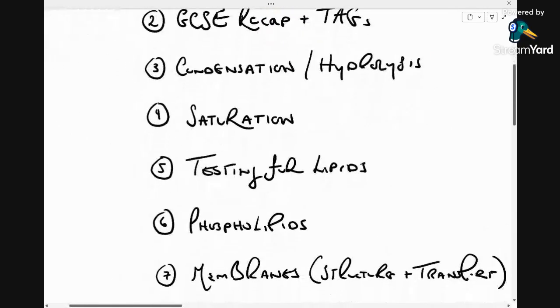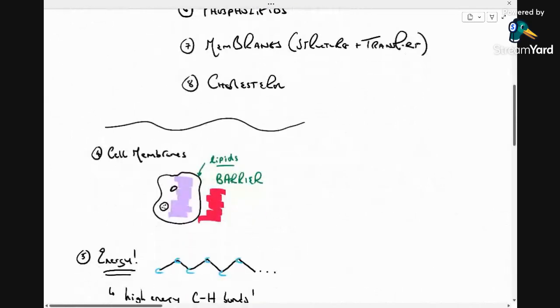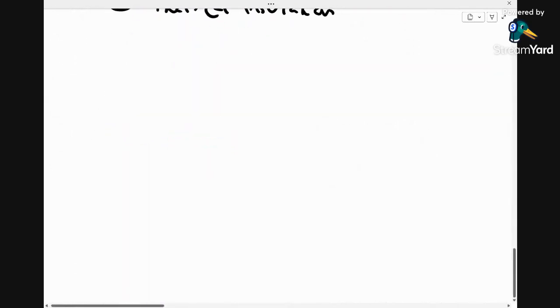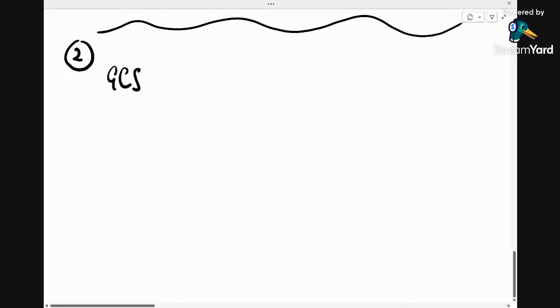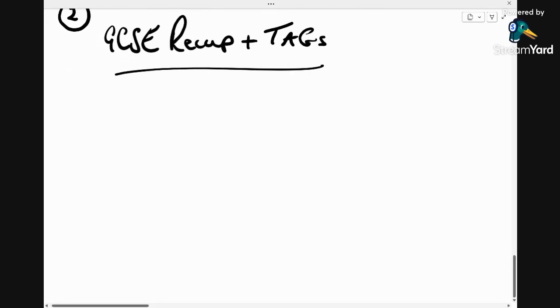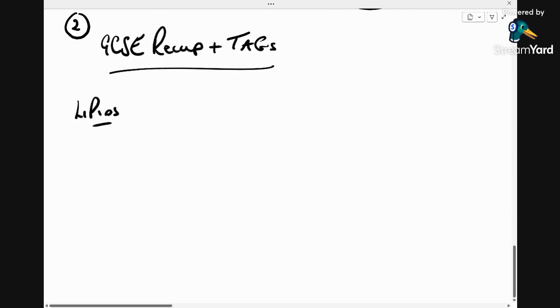So I'm going to look now at point number 2, which is a quick recap of GCSE and something called TAGs. So let's line that off. So this is GCSE recap, and TAGs. So at GCSE, we came across lipids before. We came across these in the biological molecules topic, where they were drawn like this.